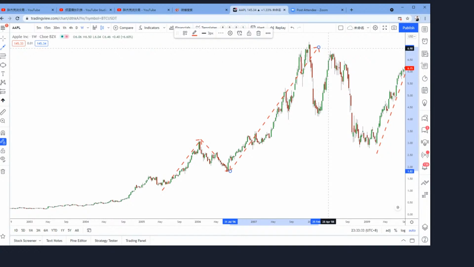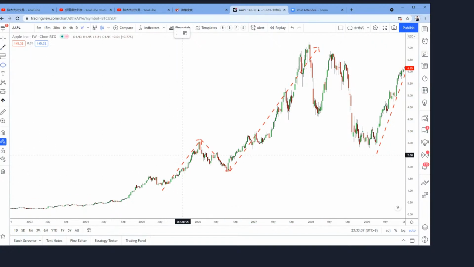And my question is, if you really believe in this, and every time there is a potential, a possibility, when you are here, are you going to buy or not? The question is here. Are you willing to buy it or not? Okay, let me just give a question mark here.